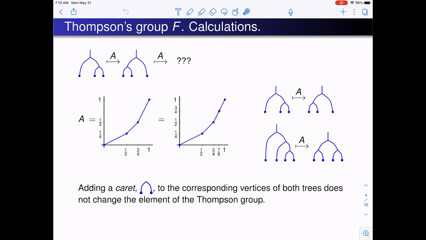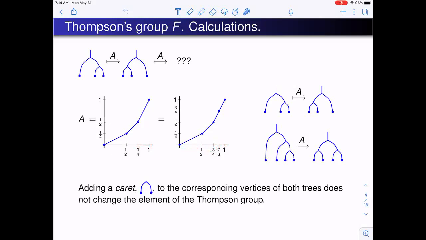But now I have a finer splitting of my interval, a finer partition of the interval. I basically took the last 1/4 and split it into two halves, up to 7/8 and the last 1/8 of that. And once I do this, I will have a different tree here.